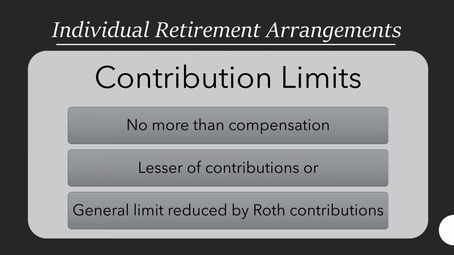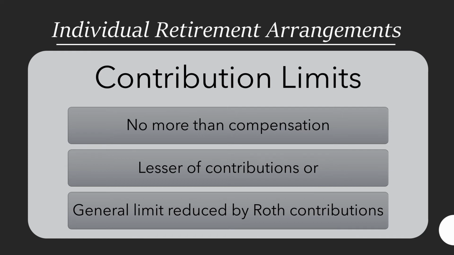And some of those contribution limits are that the taxpayer cannot contribute more into a retirement account, an IRA, than they received in compensation. And that might be wages, that might be business income, could be a number of places that they're getting income as compensation or earned income.